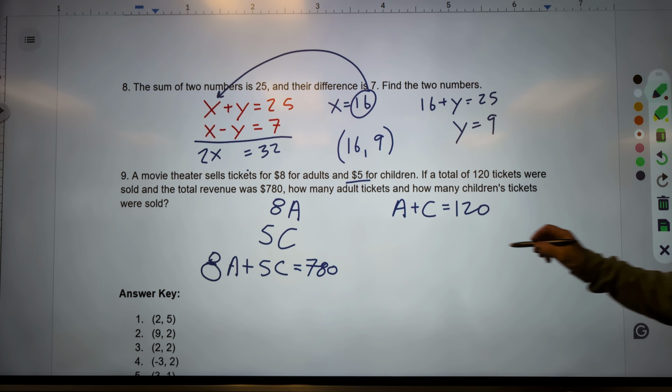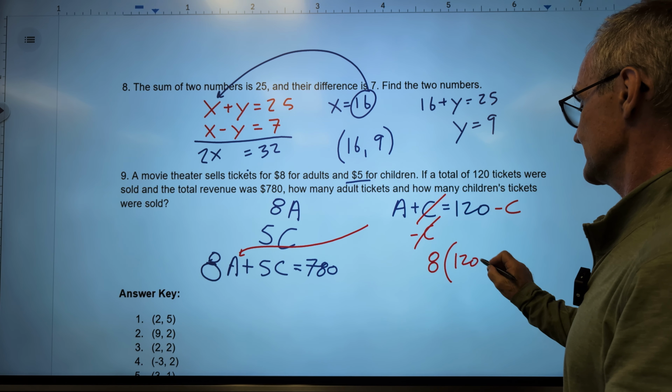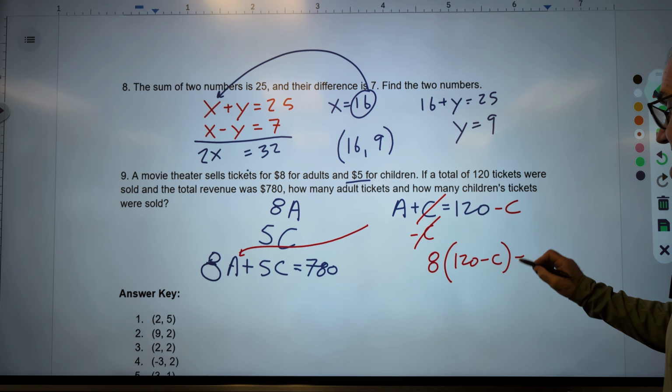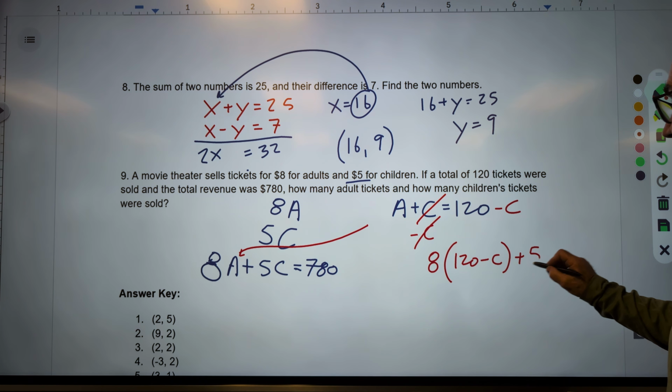So what I'll do here is I'll subtract C from both sides, and I'll get A is equal to 120 minus C. I'm going to take that value for A and plug it in here. So it's going to go there. So that's going to give me 8 times 120 minus C, plus 5C equals 780.